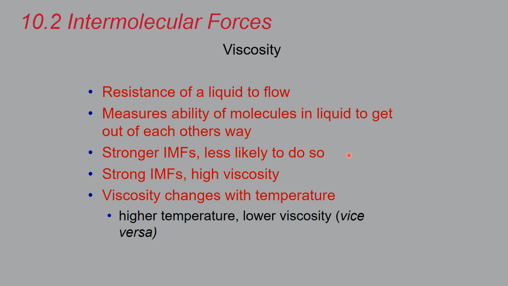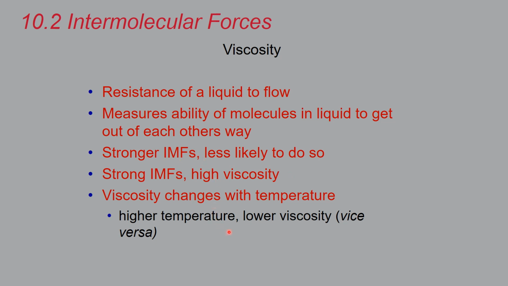The stronger the intermolecular forces, the less likely they are to get out of each other's way. And that is referred to as a high viscosity. So something with high viscosity does not pour particularly easily. So gasoline has a very low viscosity, molasses a very high viscosity. So stronger intermolecular forces result in something with a high viscosity.